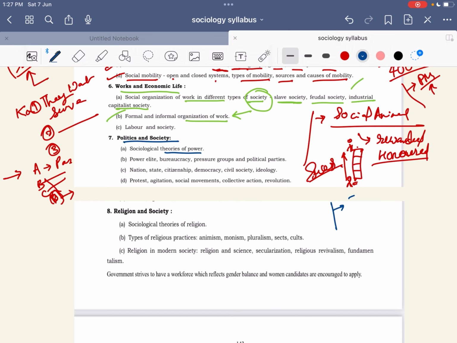Okay, but the real thing is power. It is a game of power. So what is power? Power is when you suppress others, meaning you give a command, and even if the person in front does not like it, he will still do your work. So that is power.